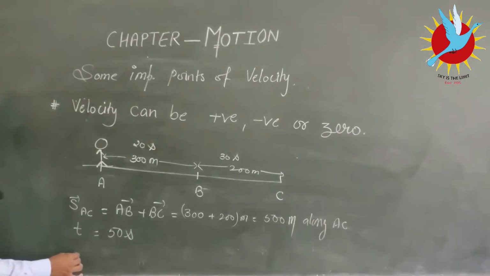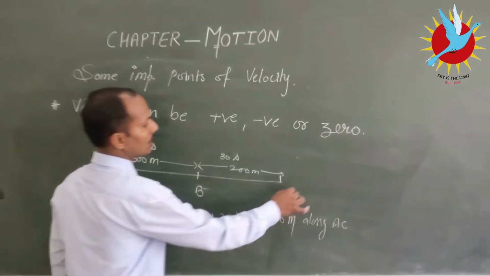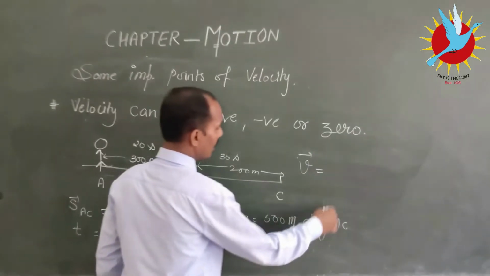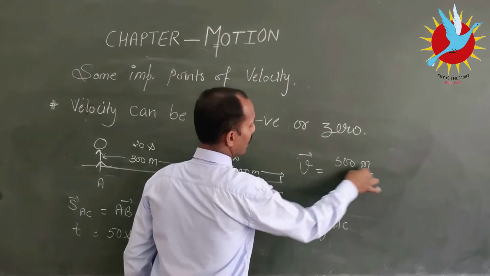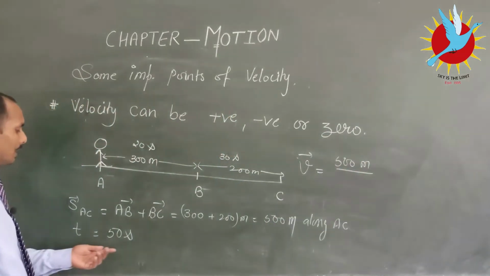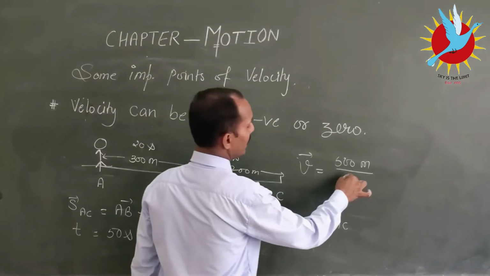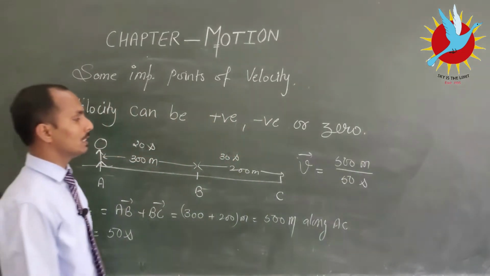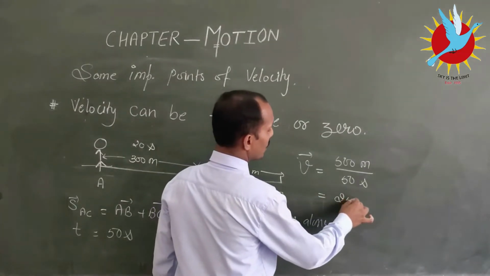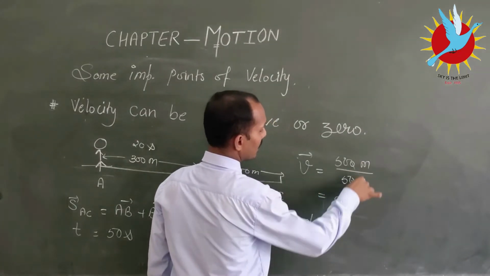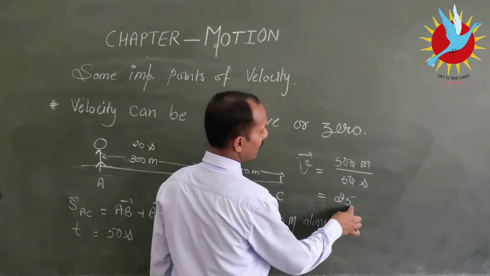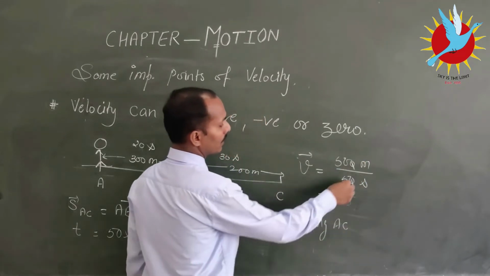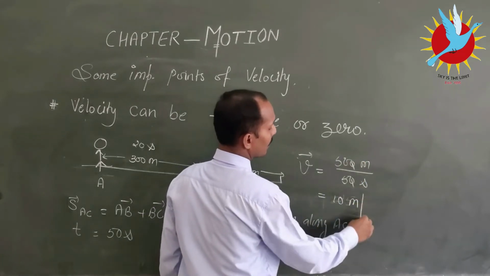So calculate the velocity. Velocity is equal to displacement, which is 500 meter, upon time, which is 50 seconds. Cancel it, then you get 10 meter per second.